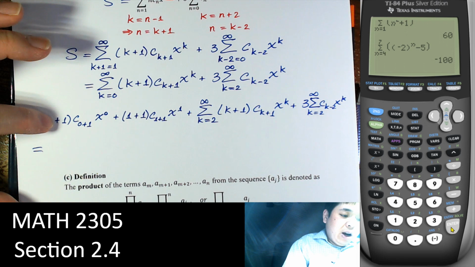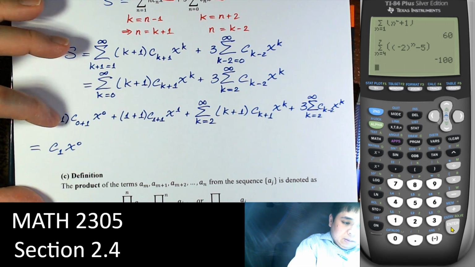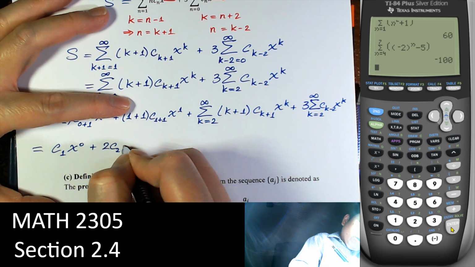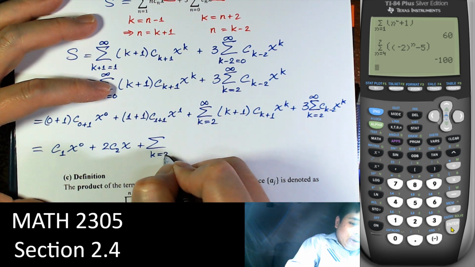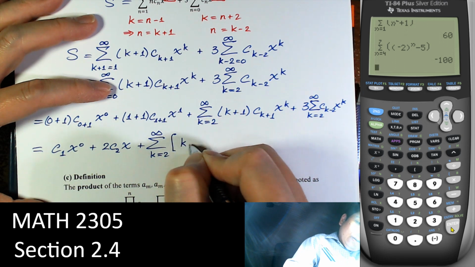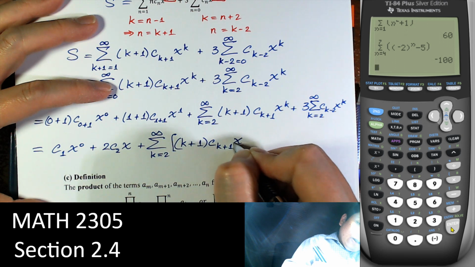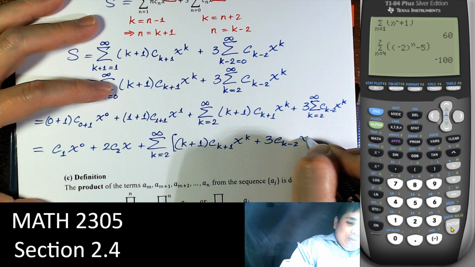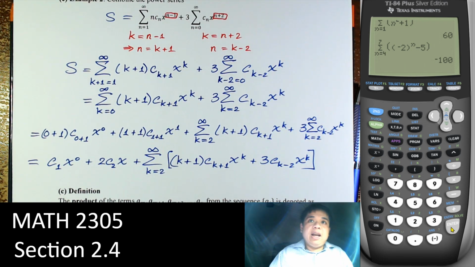Right, simplify this, gives us just c1 x naught and 2 c2 x to the first, and this you can combine the series together. So this is the usual exercise. Just work with the index, but you can combine the summation like that. Will be useful in another class.